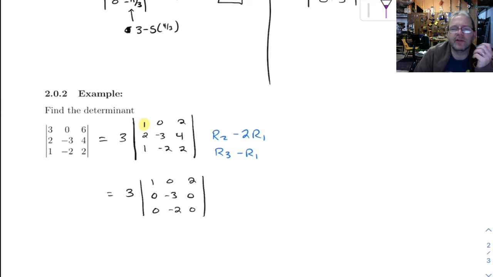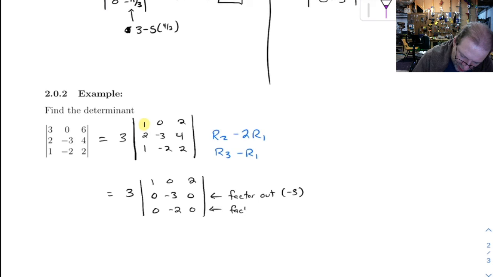From here, there are a couple of things we could do. One thing I noticed, though, those bottom two rows are almost the same. Let's factor out the 3 and factor out the 2.